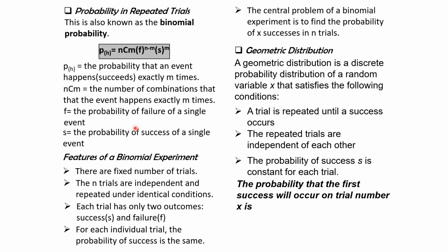Then the next trial is a success, so that's why we multiply it by the probability of success, which is S. Take note, 1 minus S is the probability of failure, and there are X minus 1 failures before the first success. So that's why that's the formula.